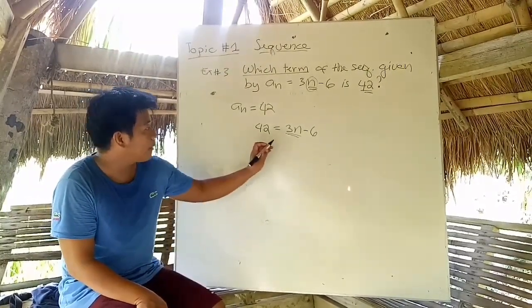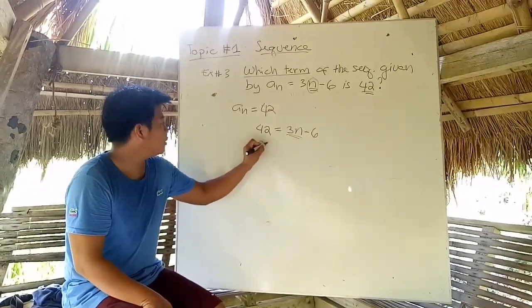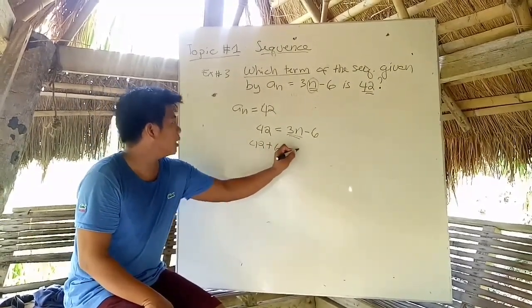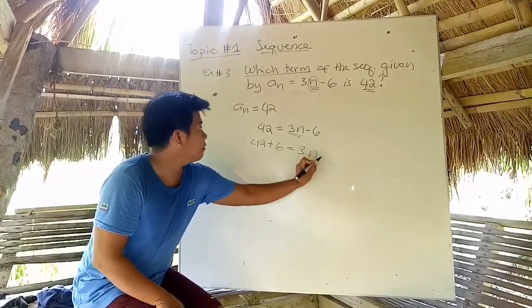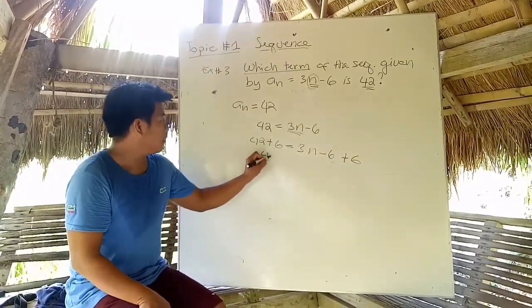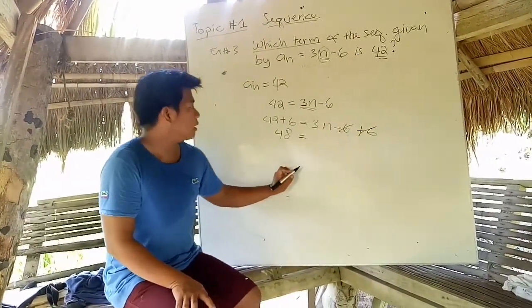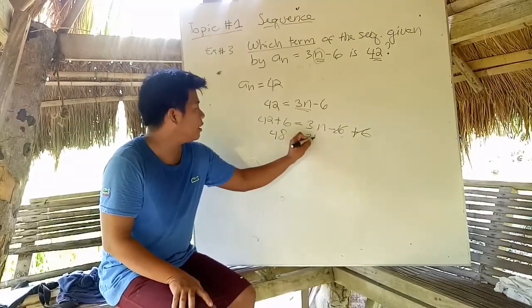Add 6 to both sides. So we have 42 plus 6 equals 3n minus 6 plus 6. So we have 48 equals, the 6s cancelled out, so we have here 3n.